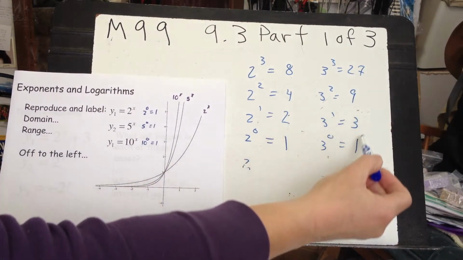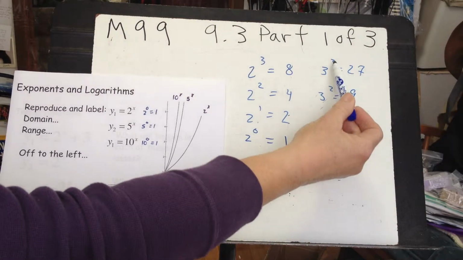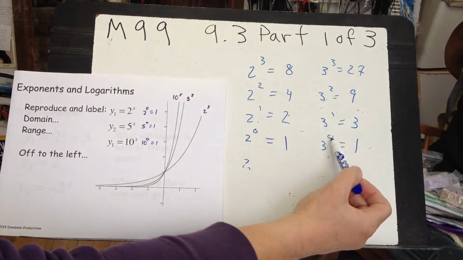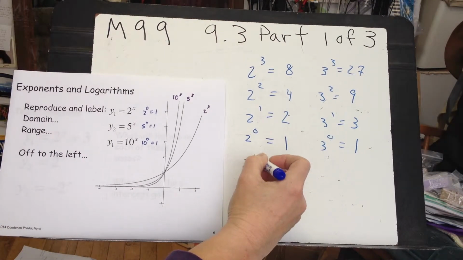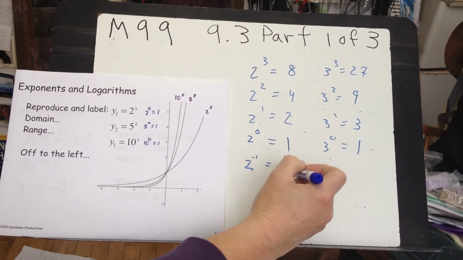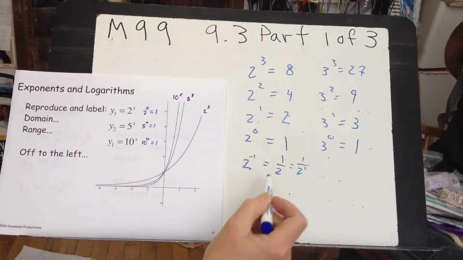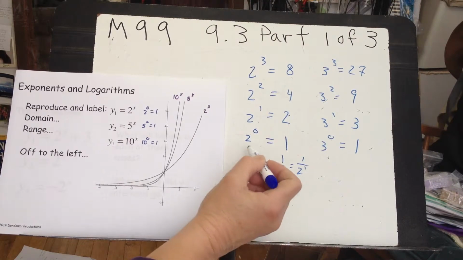Here it is over here for 3 as well. And then notice what happens with the exponents. 3 to the 3rd, to the 2nd, to the 1st. So 3, 2, 1. The next power ought to be 3 to the 0th. Can you go negative? Yes, of course you can. So 2 to the negative 2nd is 1 divided by 2 to the 2nd. The definition of a negative exponent is the reciprocal of this number.